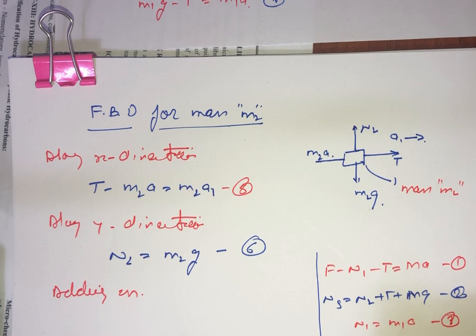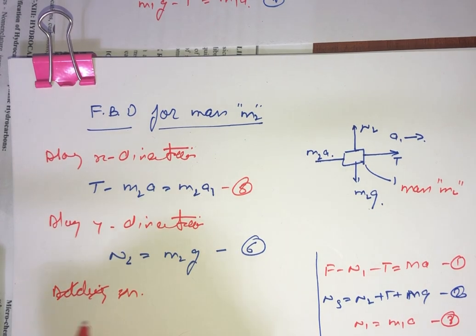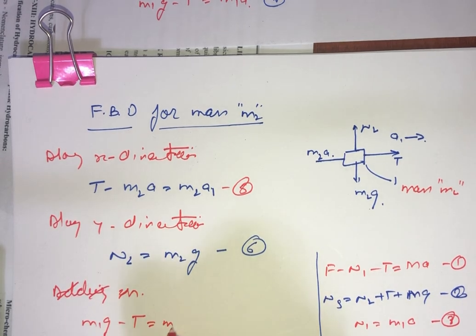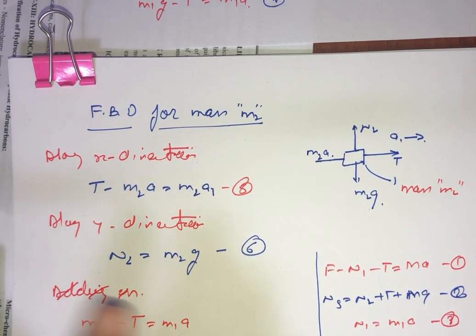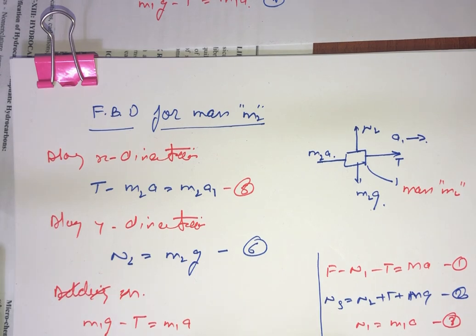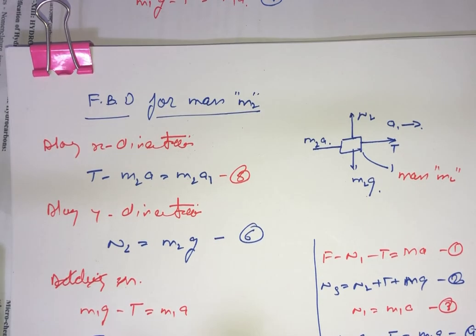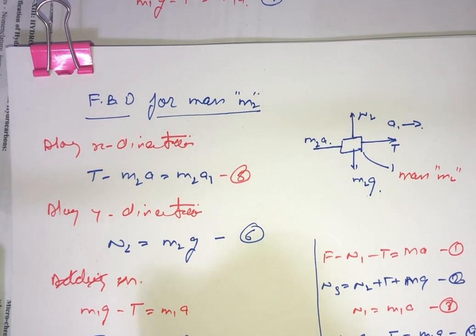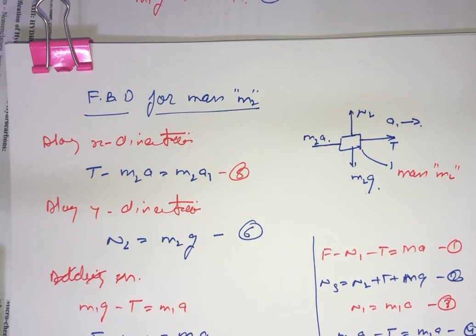So one equation we take is m1g minus T is equal to m1a1, and the second equation we take is T minus m2a is equal to m2a1.